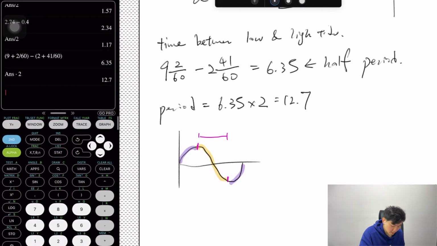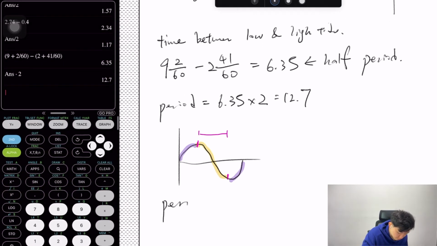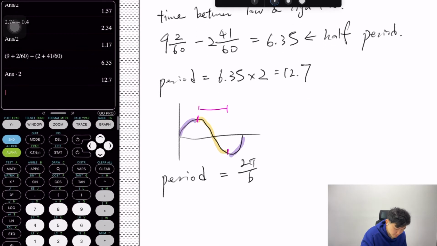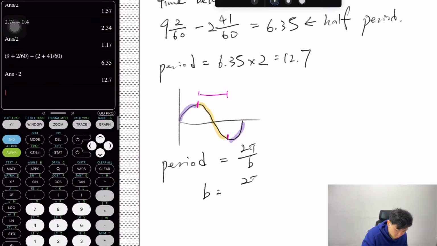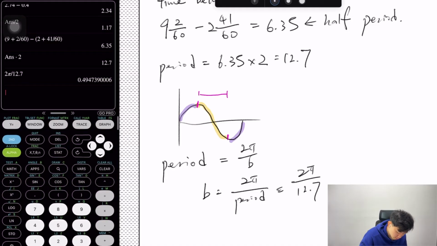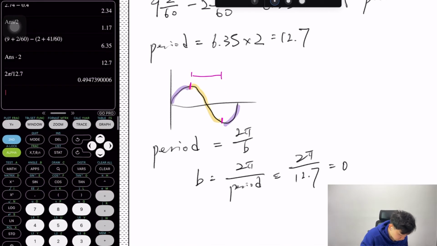Again, we have the formula of period equals 2 pi over b. So b equals 2 pi over the period, which is 2 pi over 12.7. That equals 0.494739 and so on.